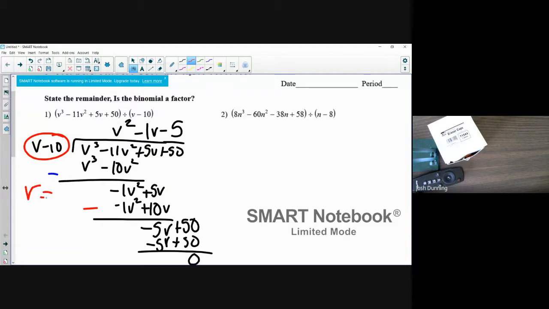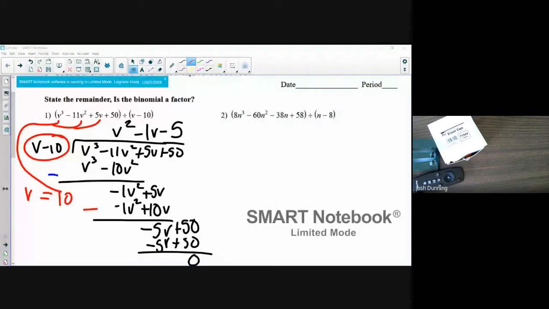That's why I reminded us of this. So v equals 10 would be the solution if v minus 10 was an answer, just like I reviewed. Now, what the remainder theorem says, if all you want is the remainder, you can just put that associated solution into what's called the dividend, what's under that long division bar, and it will give you the remainder. Watch.